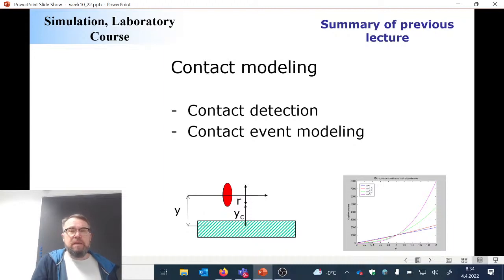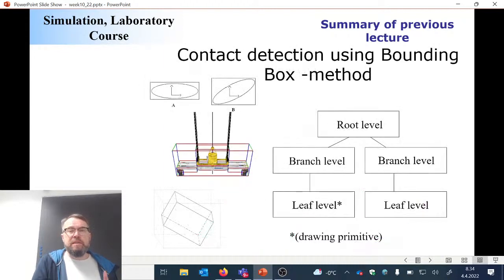And we concluded that for contact detection, the dominating approach is the bounding box method. And for the bounding box, there are different varieties of how you can put your bounding box around the body itself.